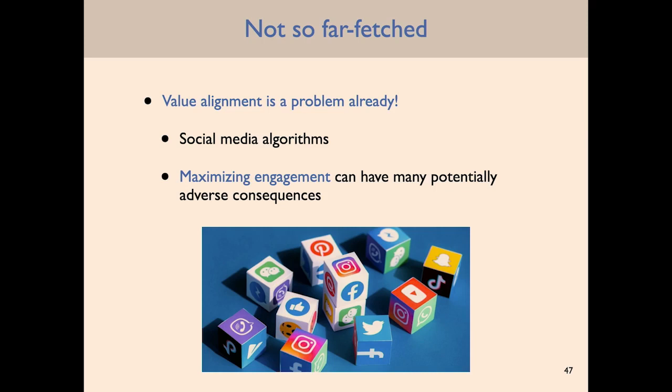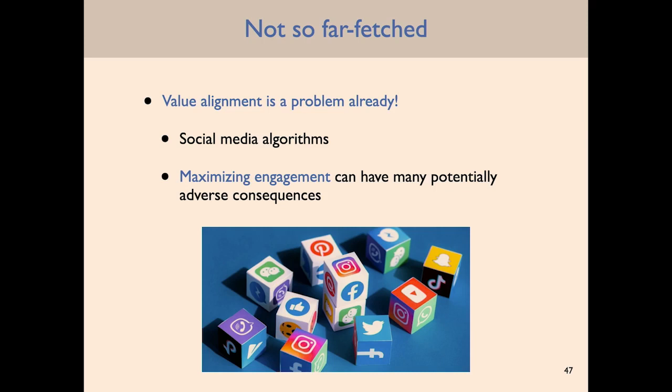These algorithms have some objective. It's not purely engagement, right? The usual stick that people beat social media companies with is, you're just trying to maximize engagement. If you listen to interviews of the heads of these companies, they say it's not purely engagement; they're trying to maximize other things.